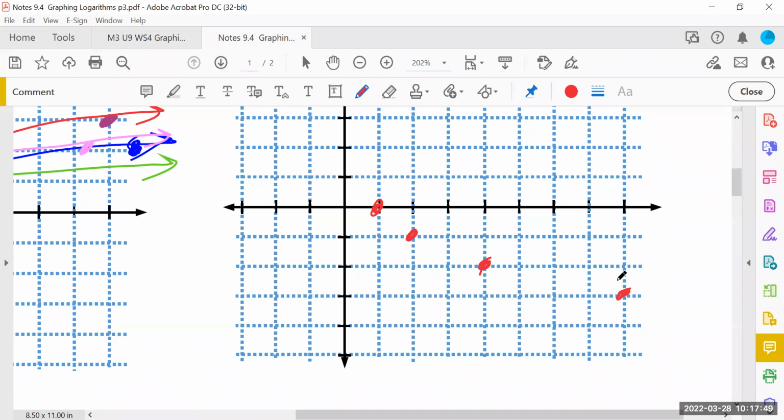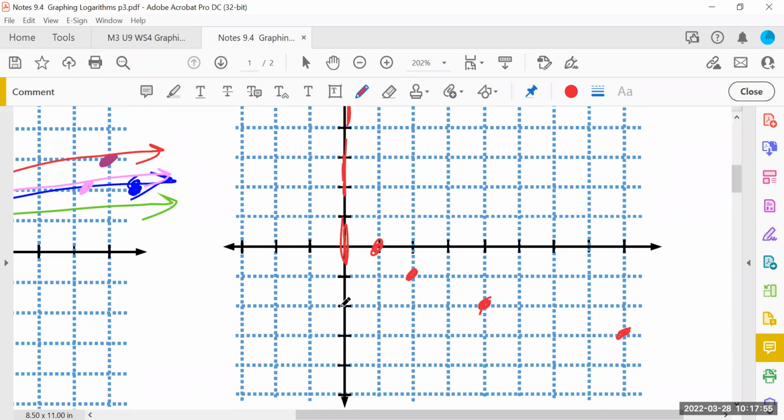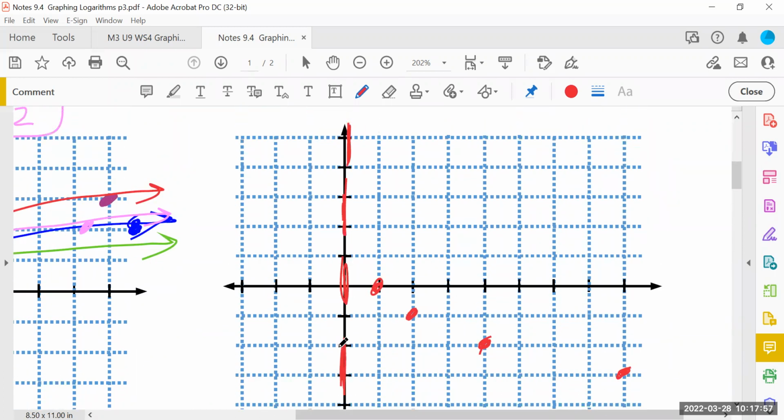Not really, it's still in the same spot. So my asymptote is going to stay right here. I'm still not going to have any numbers to the left of that. I'm going to graph this down, hit those points, and curve over. So again, pretty much the same graph, but shifted or flipped upside down.